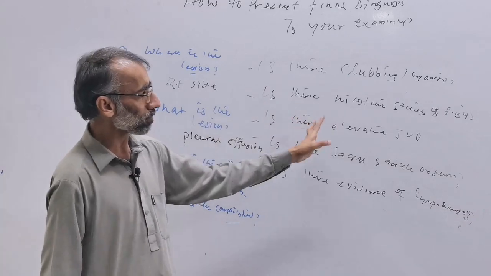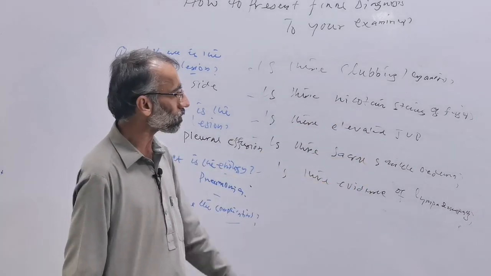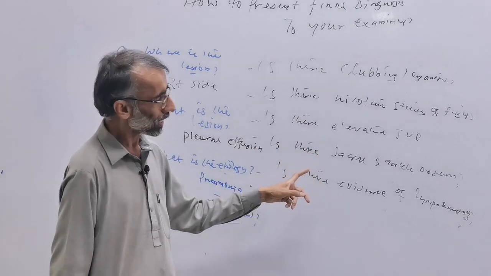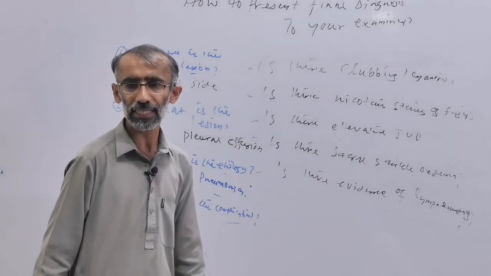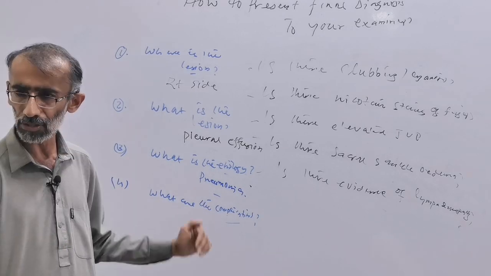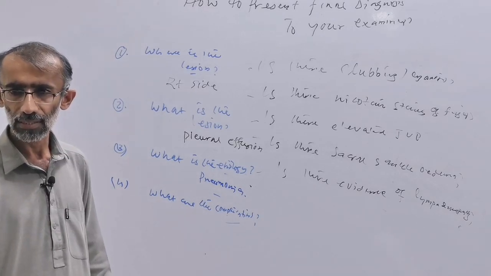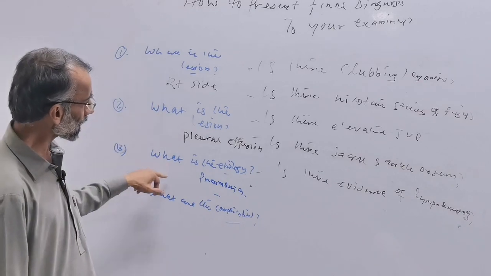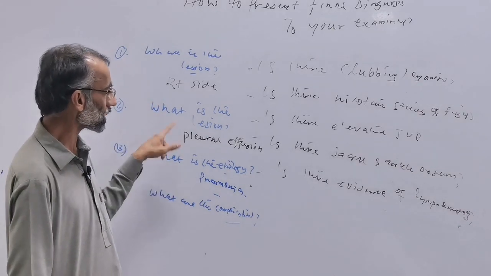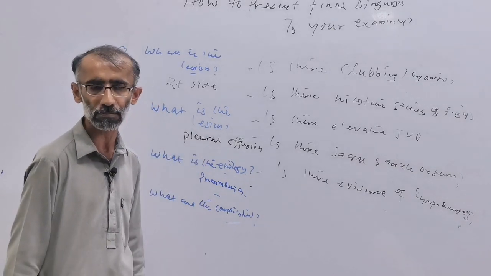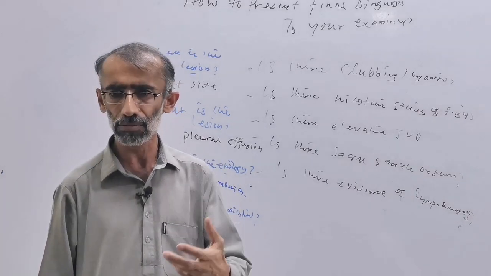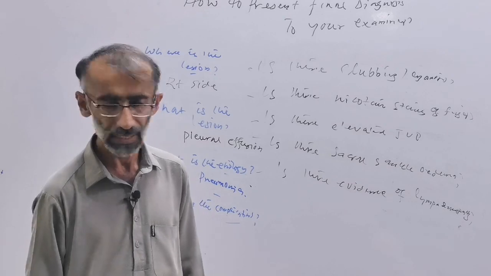If there is no clubbing, no nicotine staining of the finger, but JVP is elevated and there is sacral and ankle edema, the etiology is heart failure. My clinical diagnosis is the right-sided pleural effusion secondary to congestive heart failure.